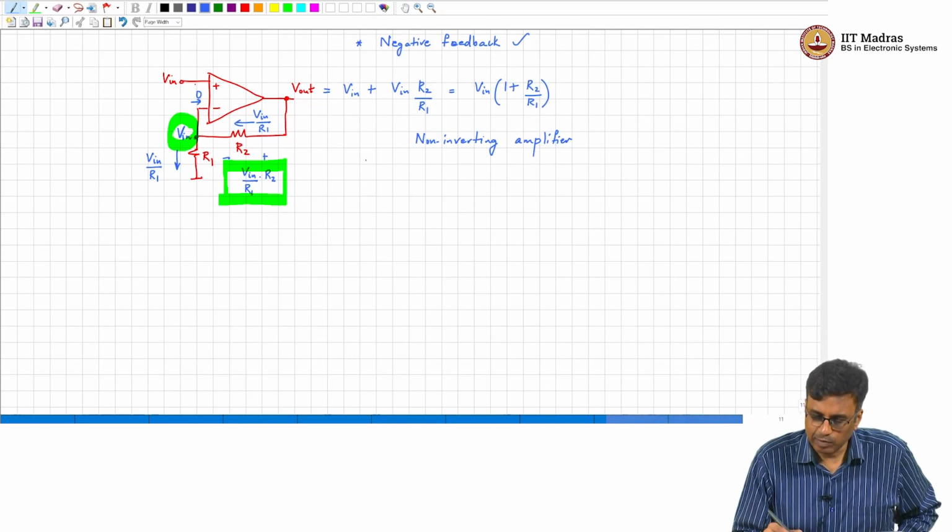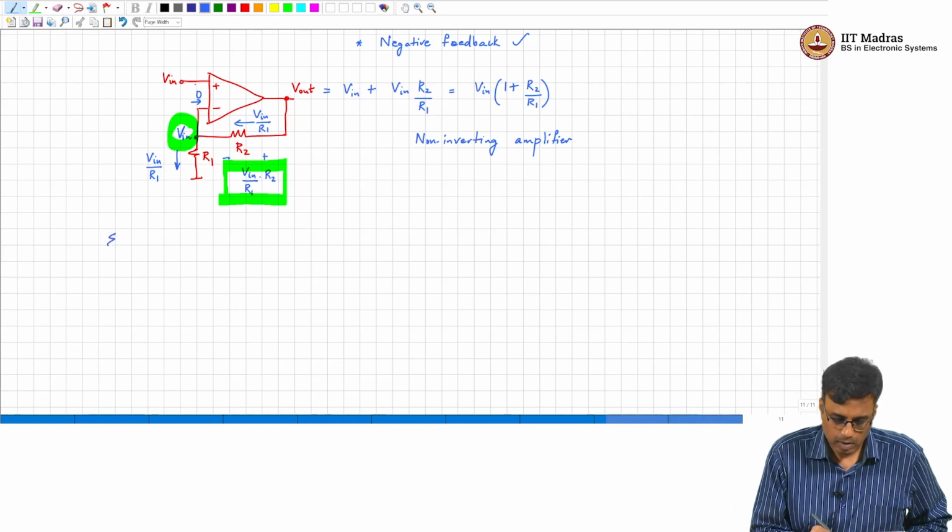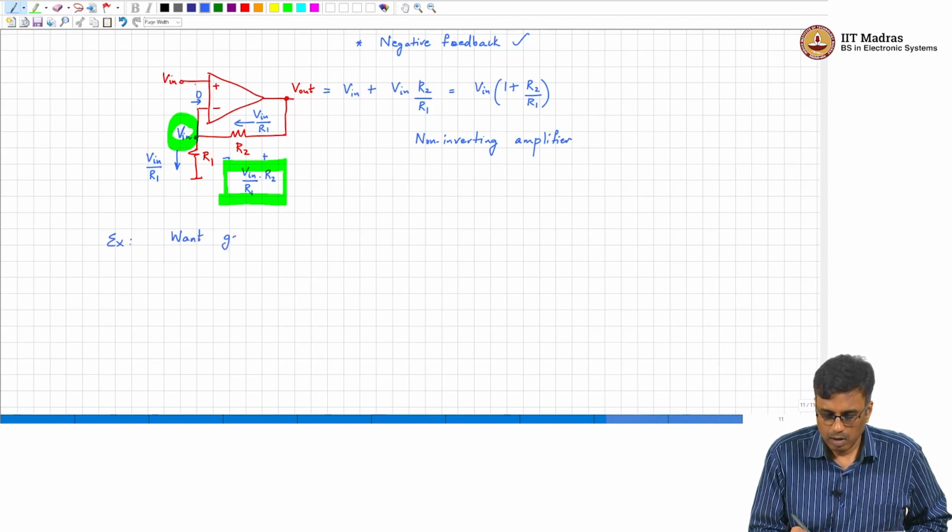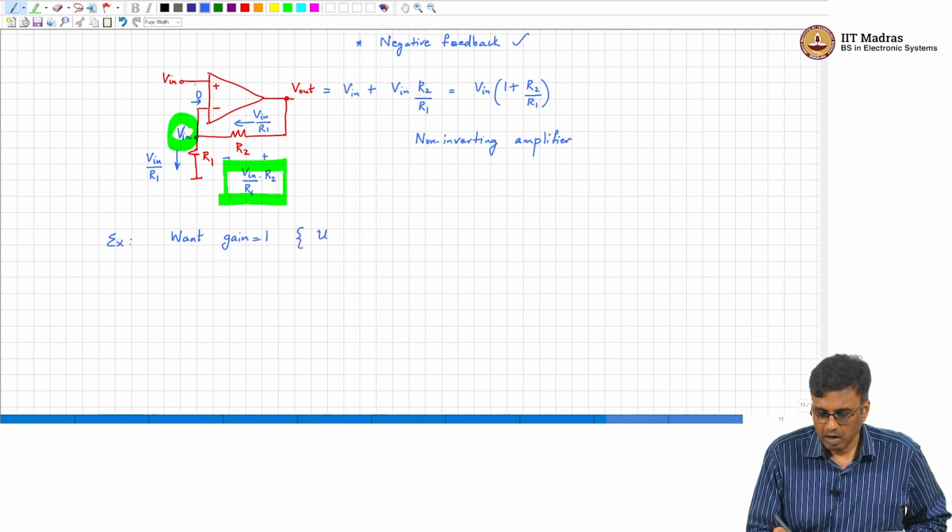A special case of this is, what if we want a gain of 1? This is also called a unity gain buffer.